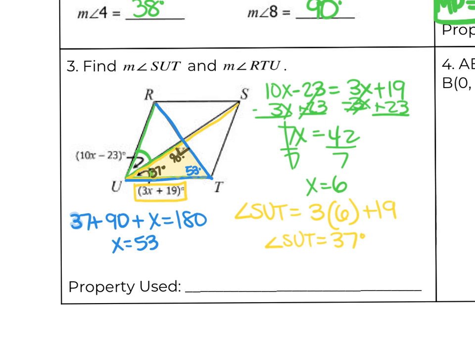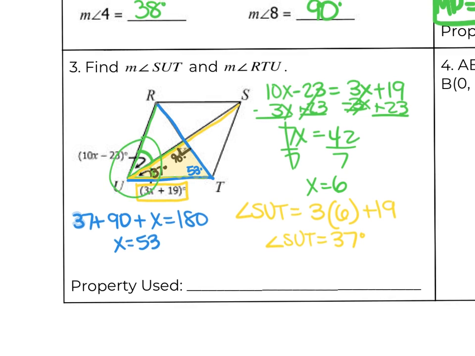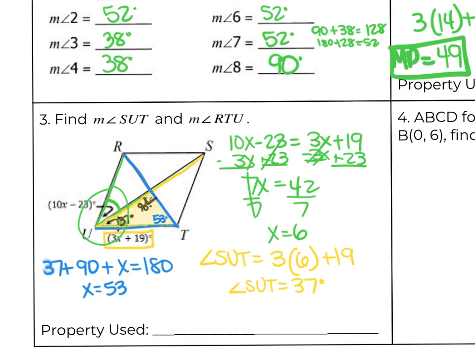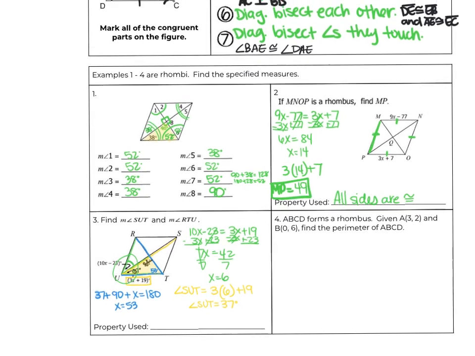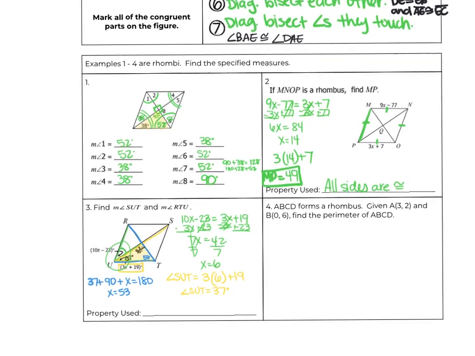Okay, so here we kind of used a couple things. The first property that we used was right here, and we said that those angles, we use those congruent angles from the diagonals. So that is property number 7. I do not want you to put the number, by the way, because I just kind of made up those numbers. They're not anything official. I just did it for organization, so don't use those.